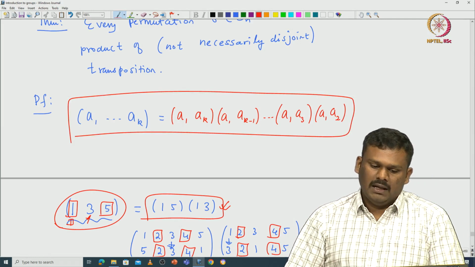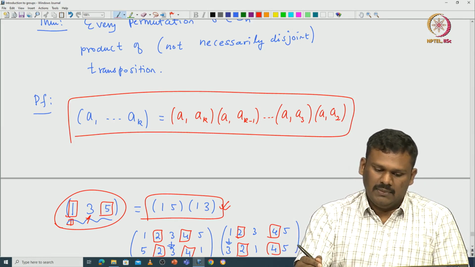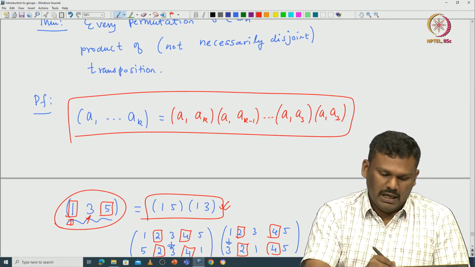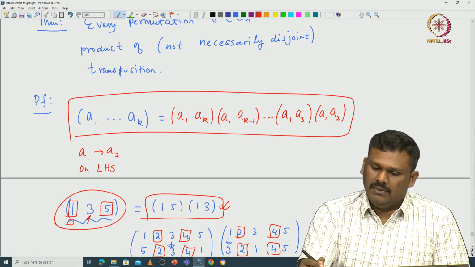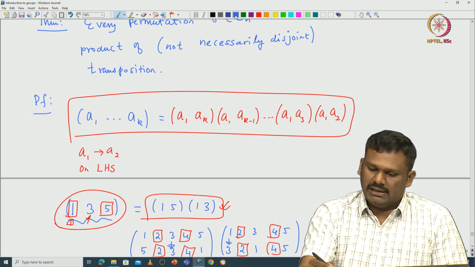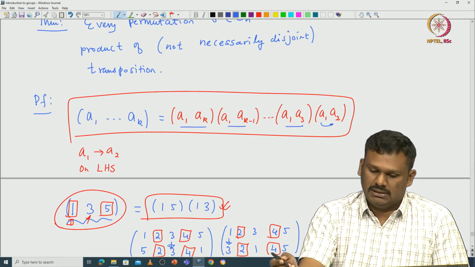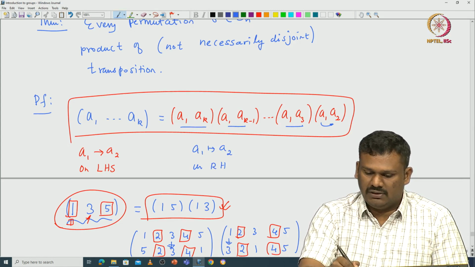The product of these transpositions will be exactly equal to this cycle A1 etc. AK. For example, let us see where A1 goes. The image of A1 on the left side should be A2. So A1 goes to A2 on the left hand side. Now look at the right hand side. A1 goes to A2 here, but A2 is fixed in all these transpositions. That means A1 goes to A2 on the right hand side as well.